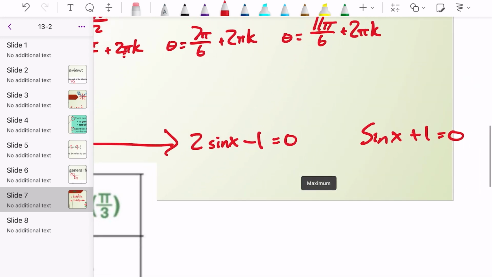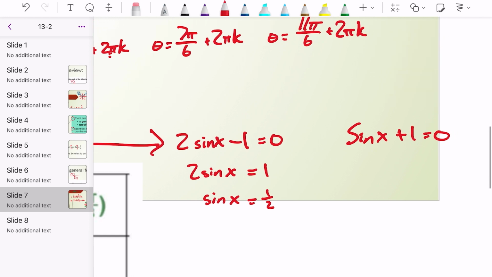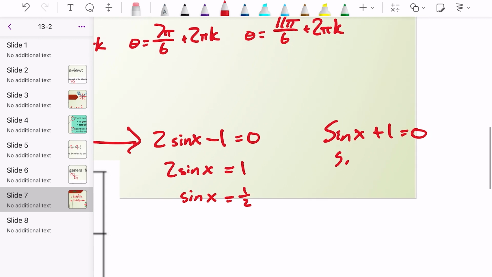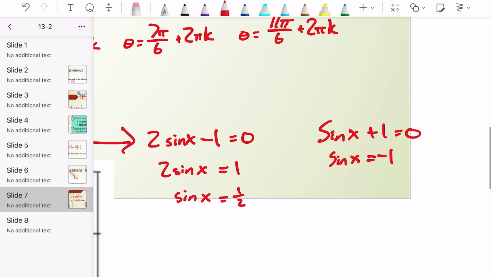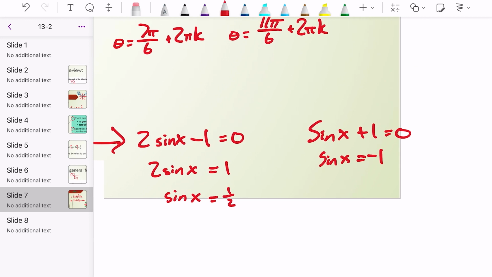We're going to go ahead and solve each side. First would be add 1, so 2 sine x is equal to 1. Sine of x is equal to 1/2. Then we go to the right side. Sine of x is equal to -1.